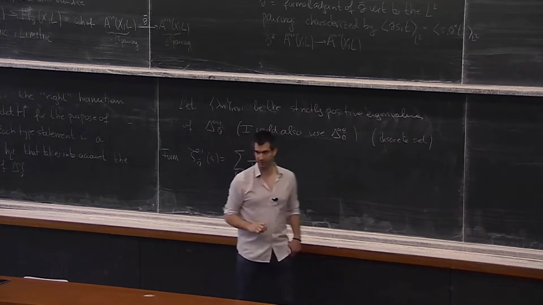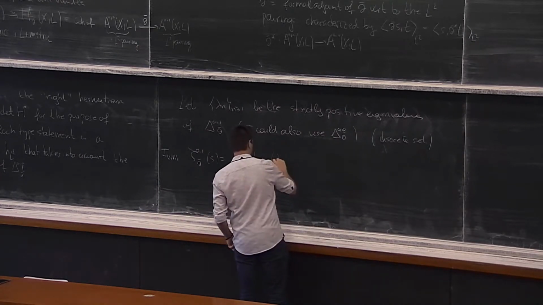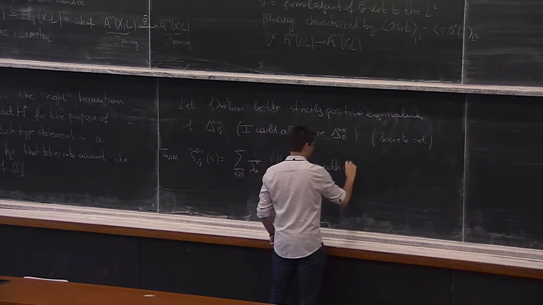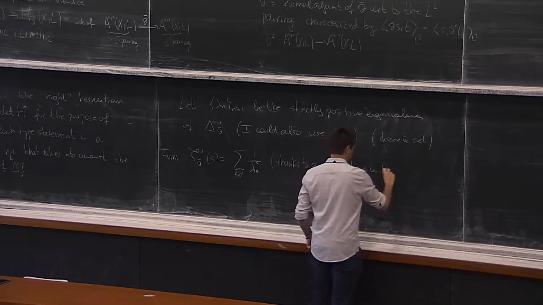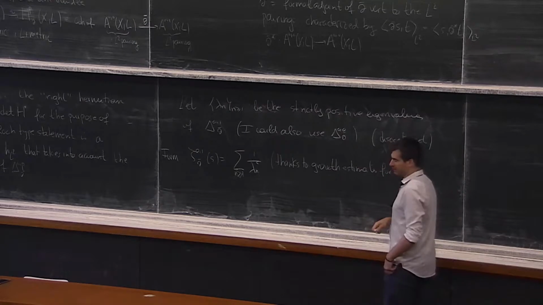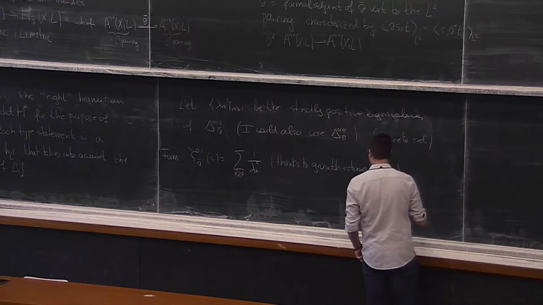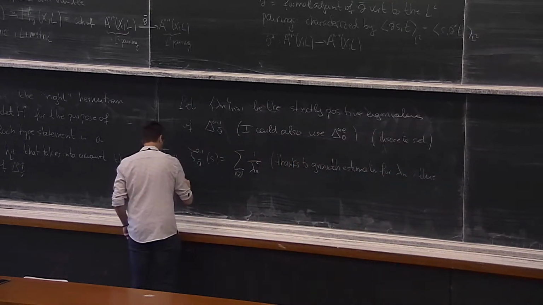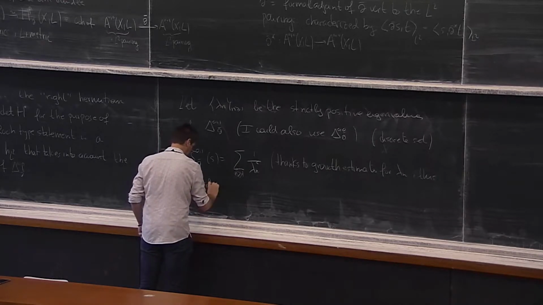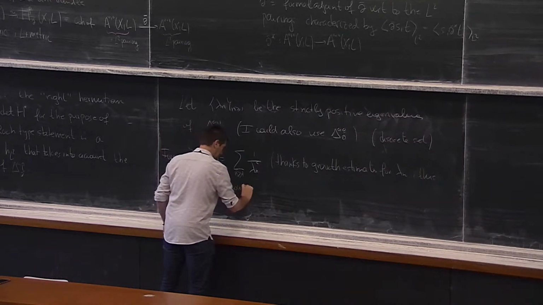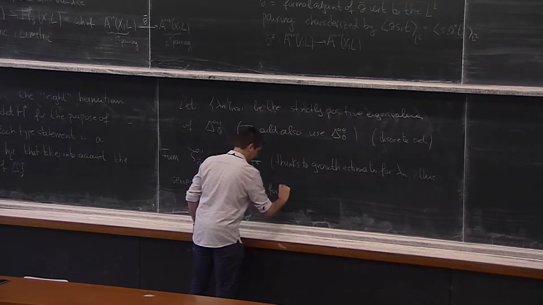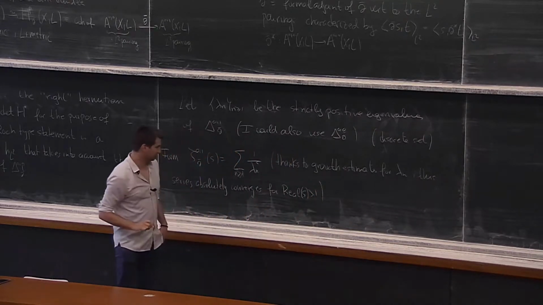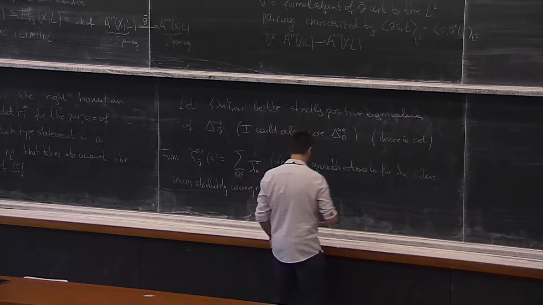And of course, it's not clear here that this thing converges, but it turns out, thanks to growth estimates for the eigenvalues coming from the theory of elliptic differential operators, this series absolutely converges for real part of s strictly bigger than 1, and hence defines a holomorphic function in this region.